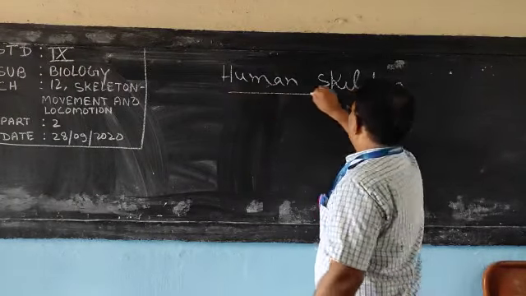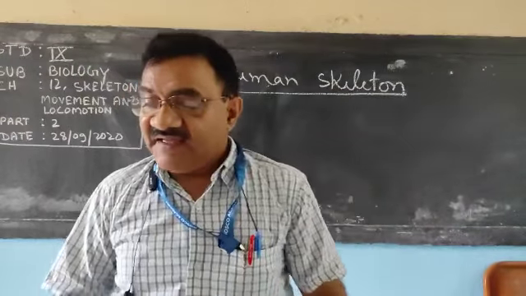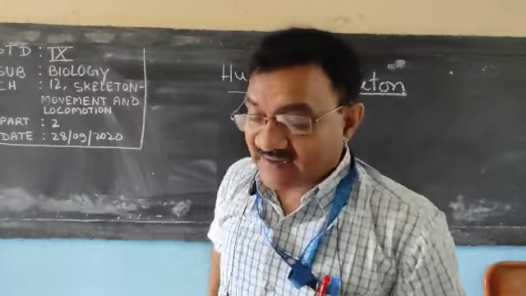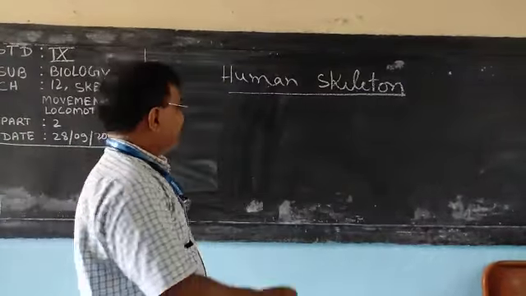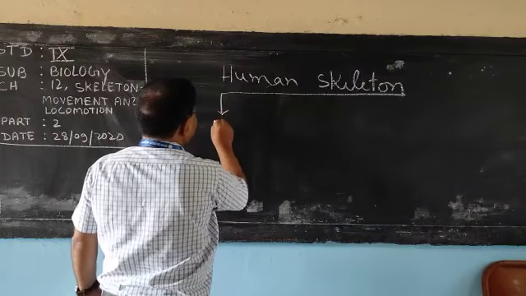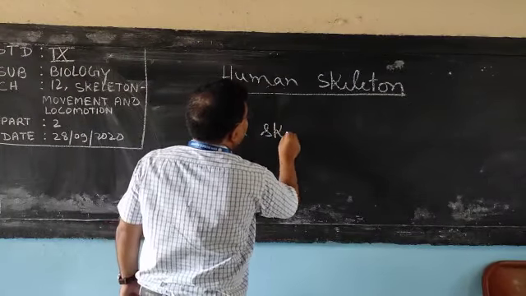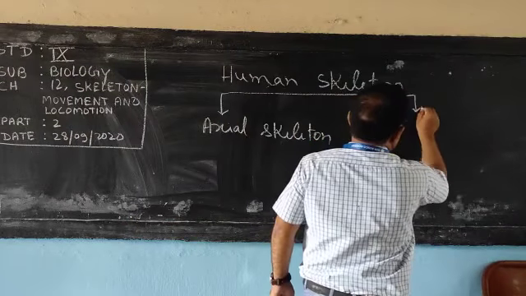The human skeleton is divided into two parts, the axial skeleton and the appendicular skeleton.